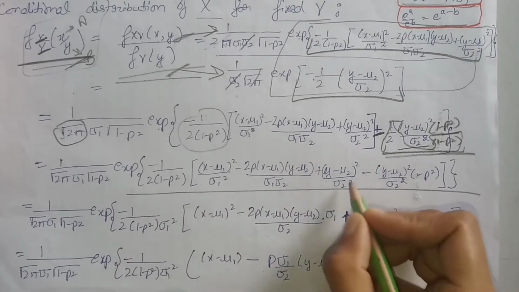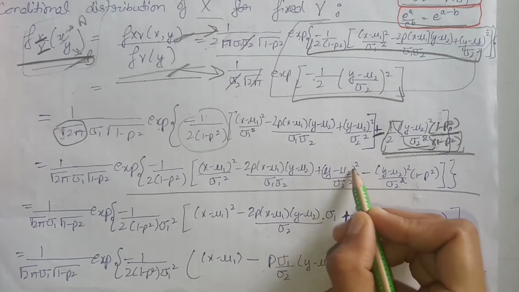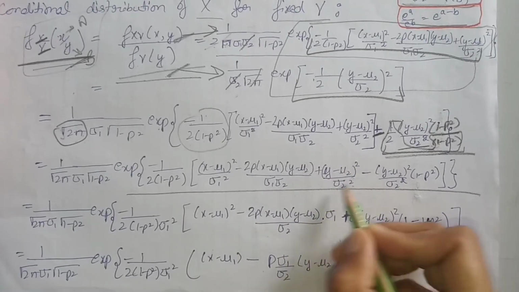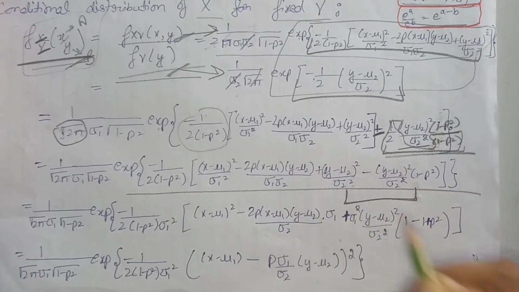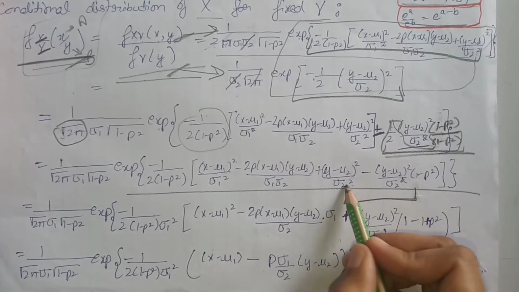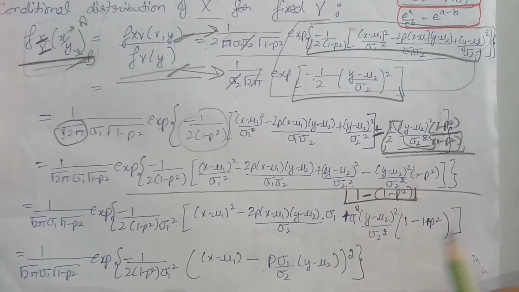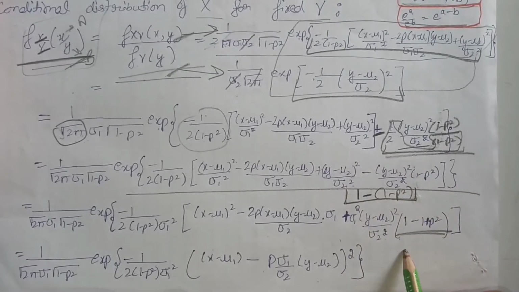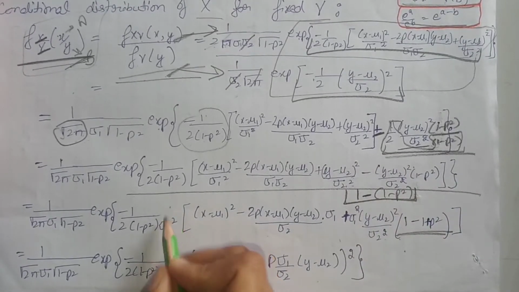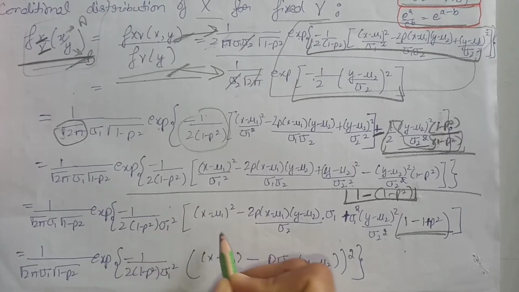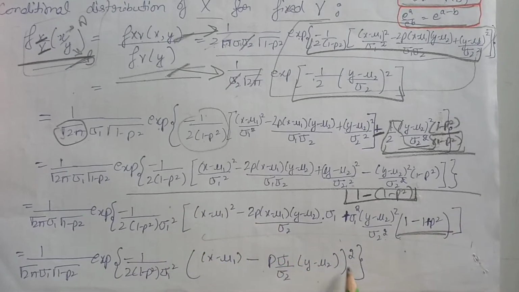Now we can take common y minus mu 2 square divided by sigma 2 square from these two terms. So we have to write here only 1 minus rho square, that is this one term.